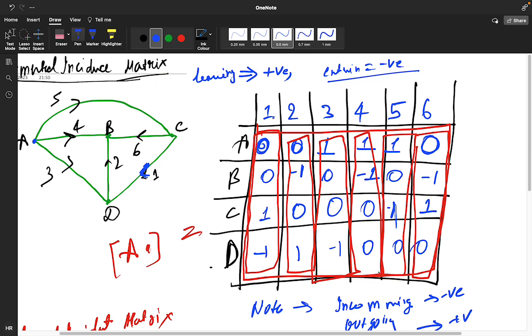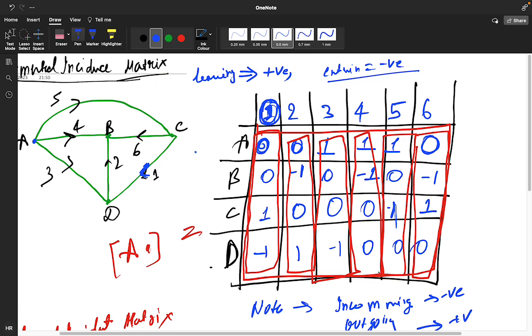So first see this particular column. This is your first branch, right? So column-wise, which nodes is it connected to?